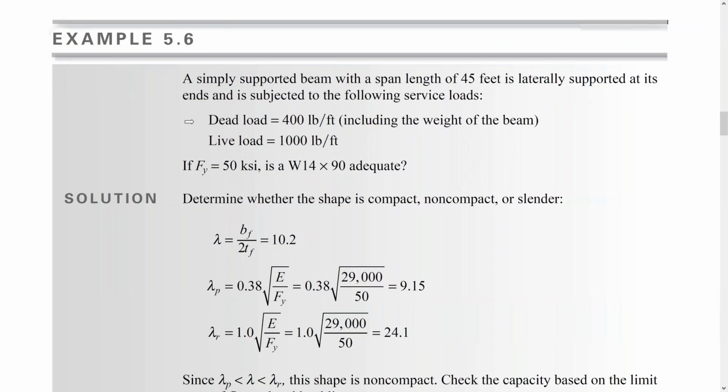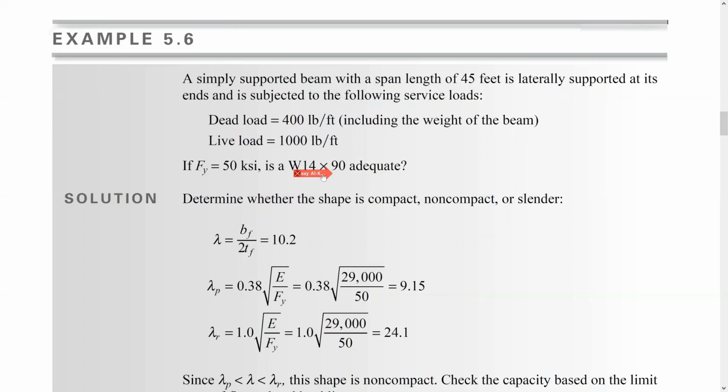We have a dead load of 100 pounds per foot, including the self weight of the beam, and a live load of 1,000 pounds per foot. If Fy is equal to 50 ksi, is a wide flange W14x90 an adequate section to carry these loads? Meaning, is this section able to carry these loads?